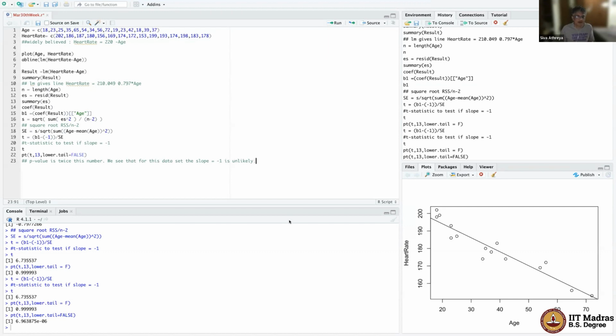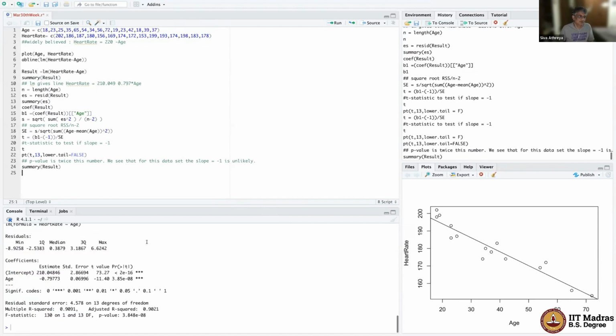So what does R do? If you look at R's summary of the result, we copy this again and try this again. When R does this, R also gives you a very low p-value for the t. It's very, very small, right?